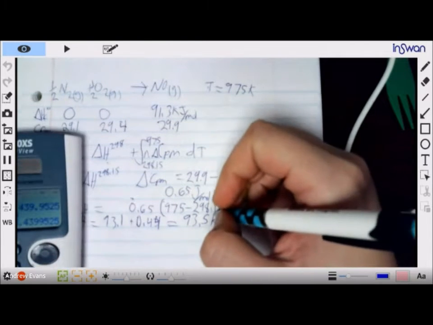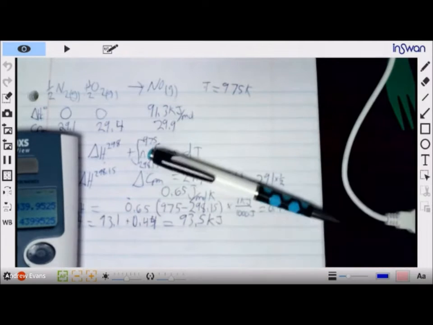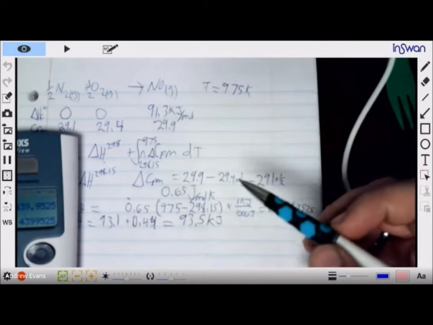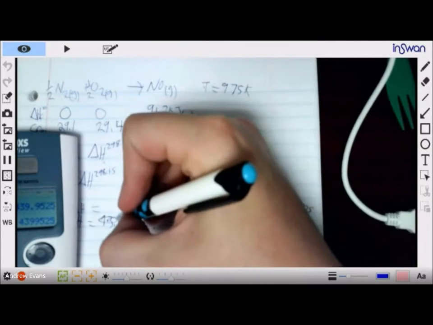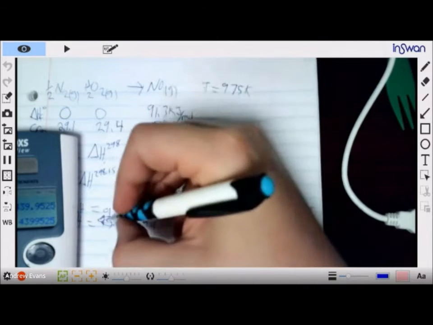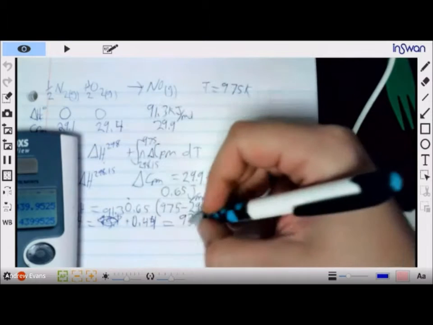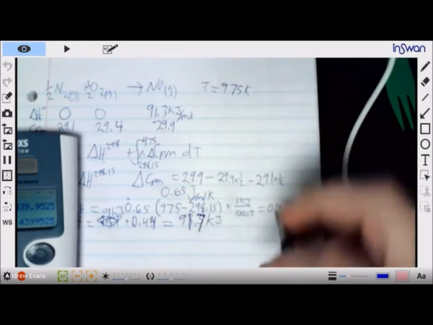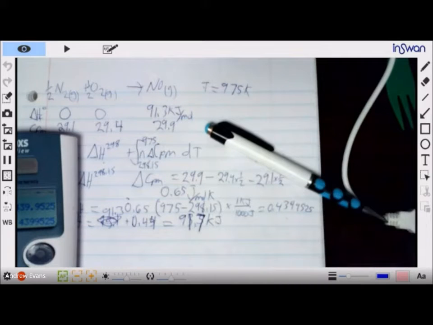Not a huge change, but it's still a change. Oh, wait, sorry, my bad. Sorry, I'm dyslexic. It's 91.3. That becomes 91.7. Still not a big change from the actual number, but it is an observable change.